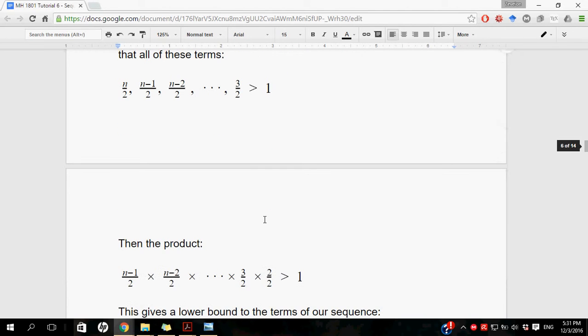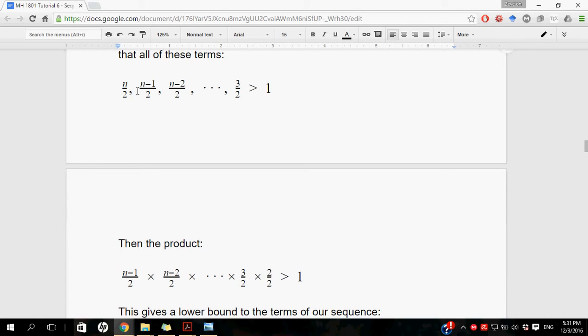With this in mind, we can study the product of these numbers from n minus 1 divided by 2 to 3 over 2. Multiplying by 2 over 2 is multiplying by 1, so it doesn't have any effect.